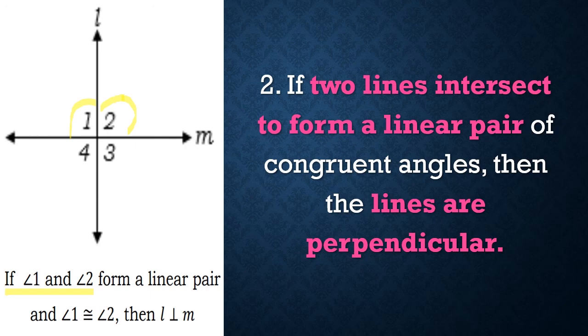Okay, so they are forming a linear pair. And angle 1 is congruent to angle 2. Then line L is perpendicular to line M.